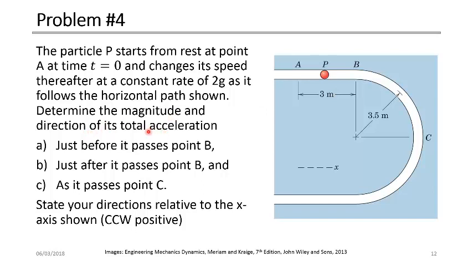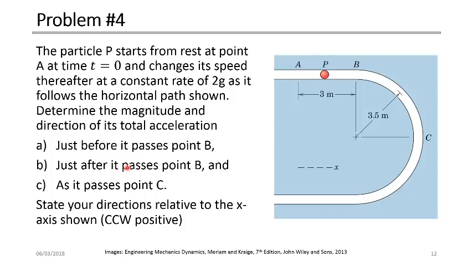So the total acceleration is required as a magnitude and direction in 3 different cases. Just before it reaches point B, what is the magnitude and direction of the acceleration of the particle P?